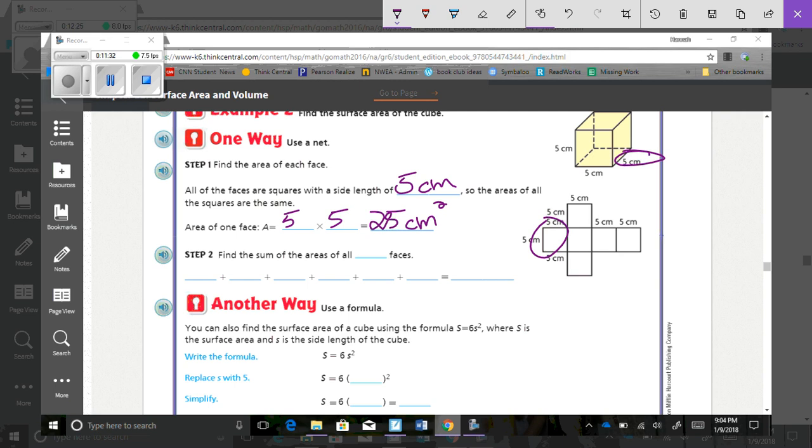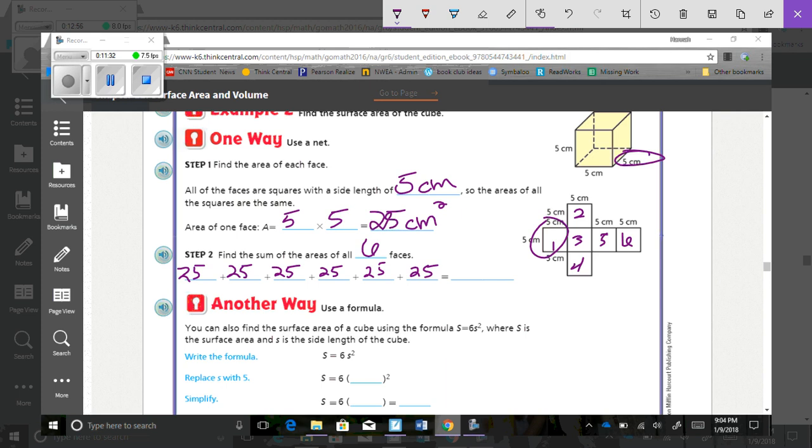So then the second step would be to find the sum of the areas of all the faces. And there are 1, 2, 3, 4, 5, 6. So we're going to find all 6 faces. So it would be 25 plus 25 plus 25 plus 25 plus 25 plus 25, all 6 times.